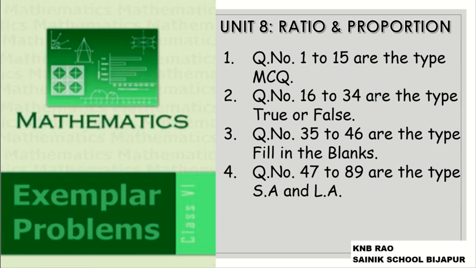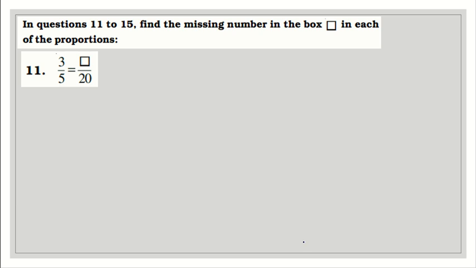We solved up to question number 10 in our previous session, that is part 1, and we solved MCQ type questions. So we will solve today from question number 11 onwards.